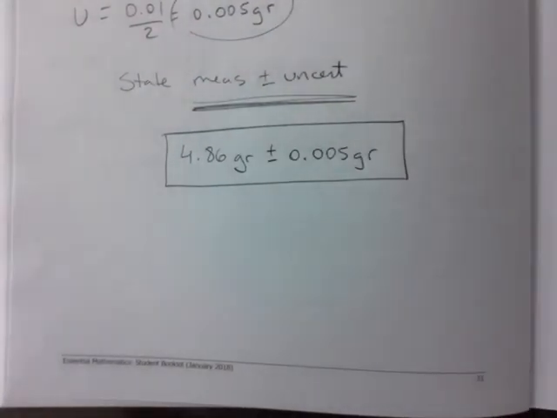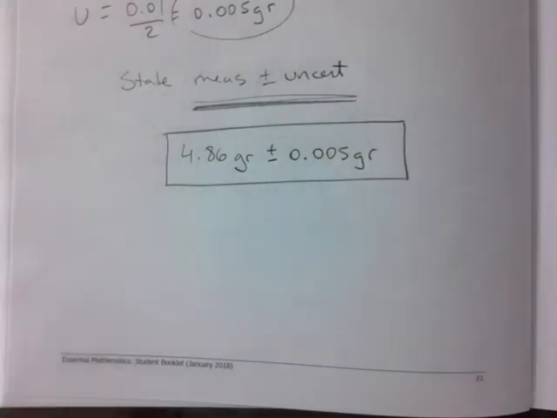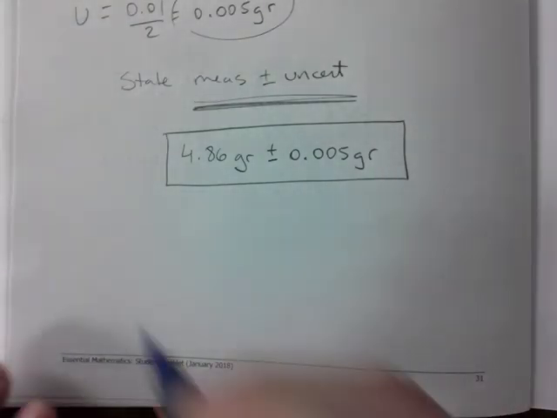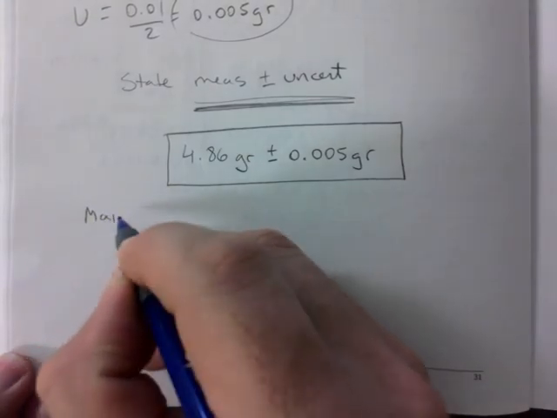And what does that tell us? When you see this measurement, what do you think is happening here? It's saying that there could be more or there could be less, correct? Than the 4.86, which gives me the next point.